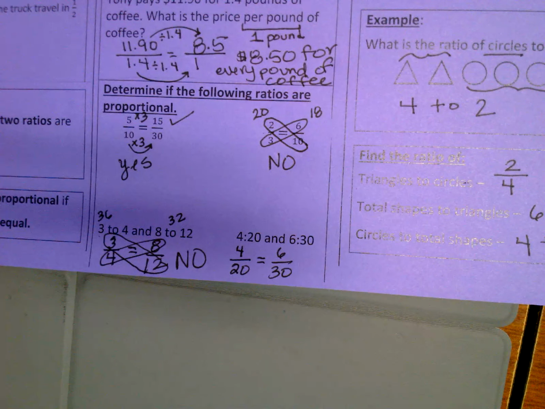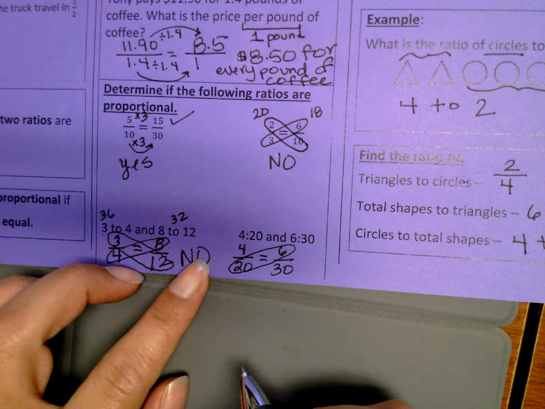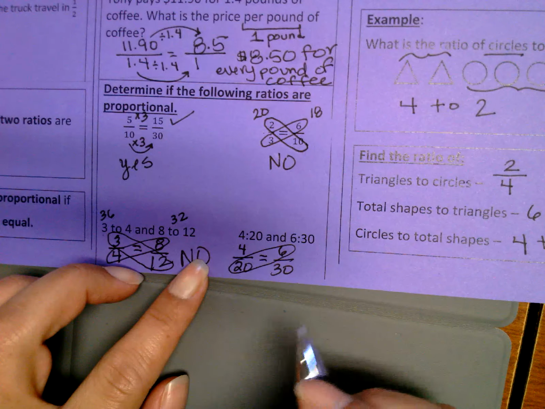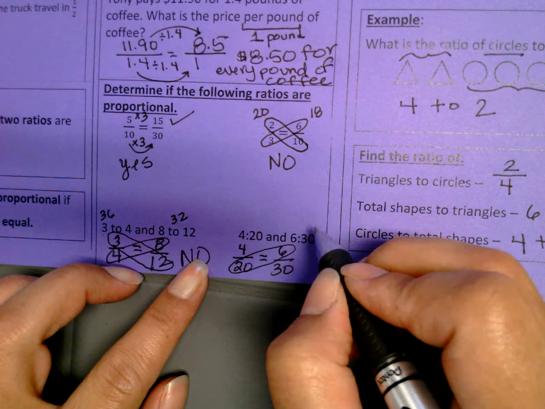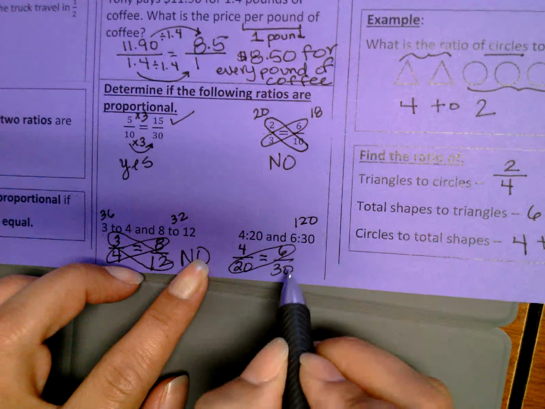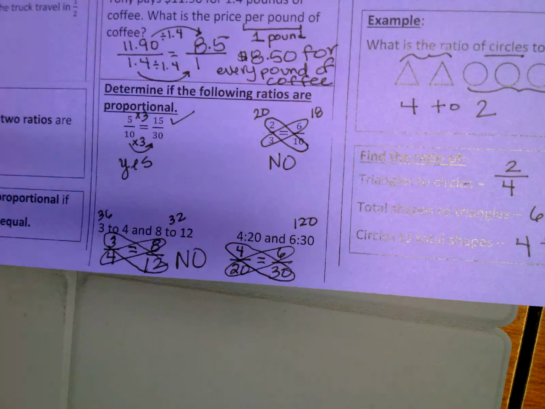Ryan, 20 times 6. How much? 120. Very good. Roy, 30 times 4.